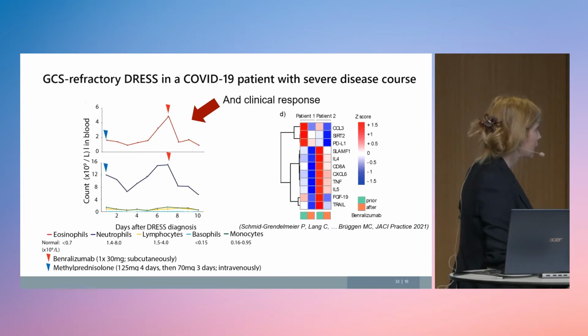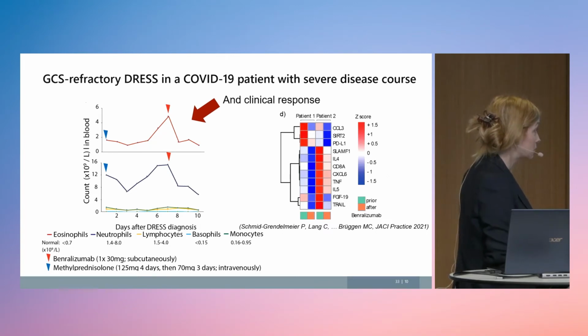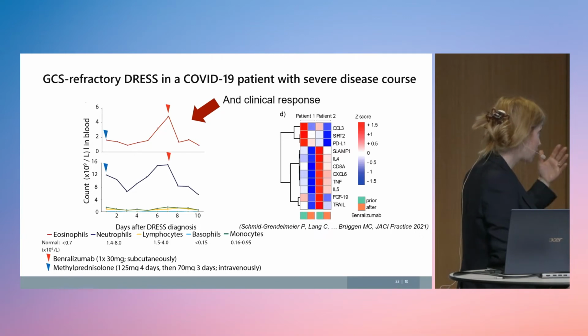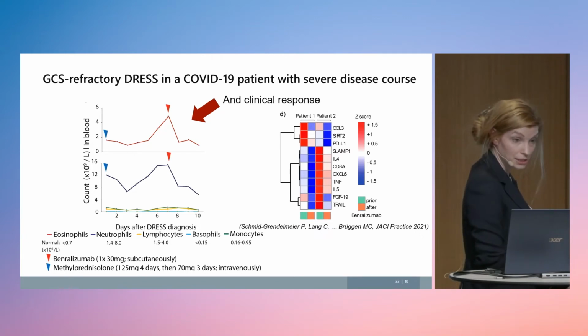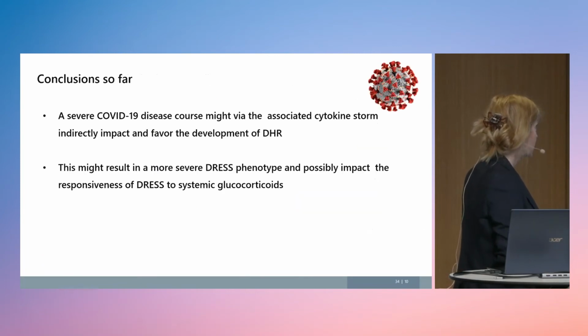And when we looked on a molecular level, using a high-throughput proteomics assay, we found not only downregulation of monocyte macrophage-related molecules in the serum, but also molecules related to the T-cell response, which might point towards a role of this agent in modulating the T-cell response in DRESS.